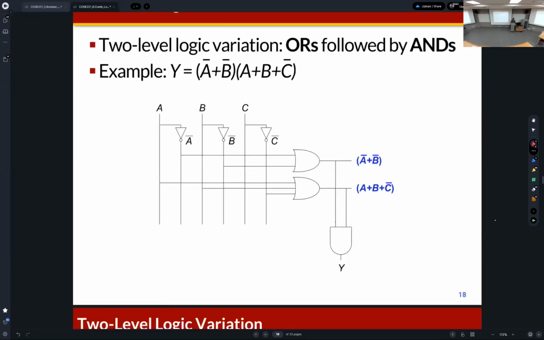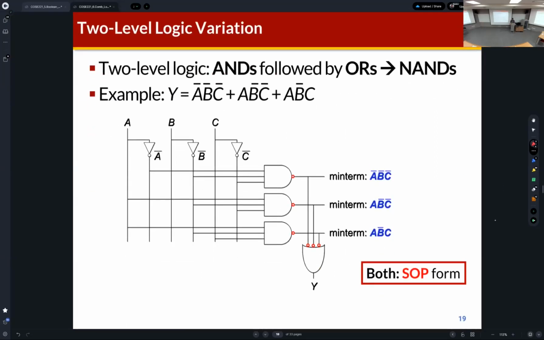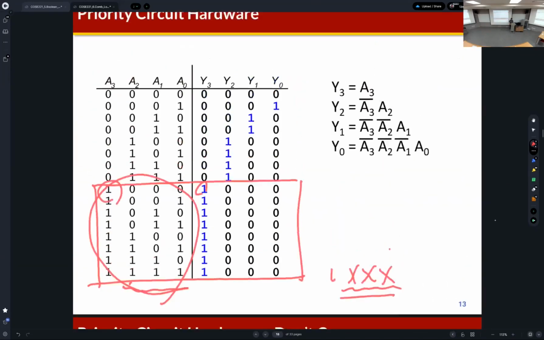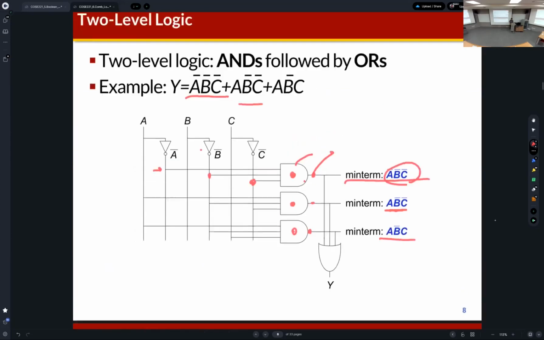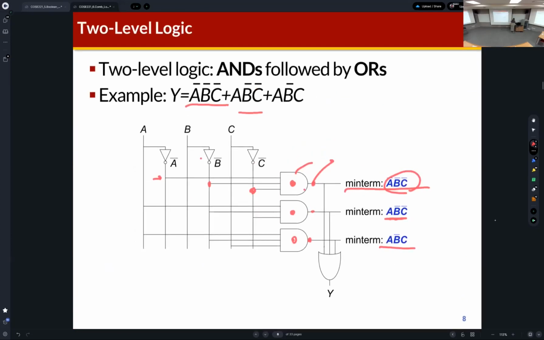Then how about using only NAND gates? This is the same example. You can find the same example like this. We can implement the logic for this Boolean equation with ANDs followed by OR.